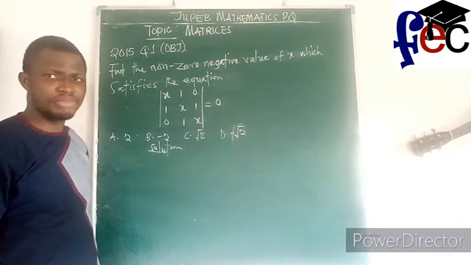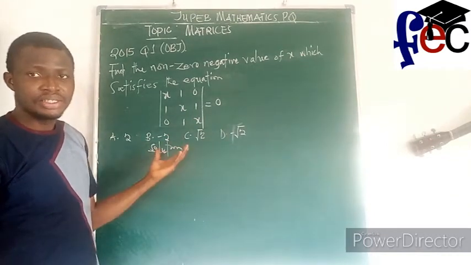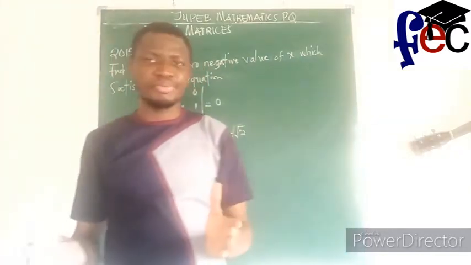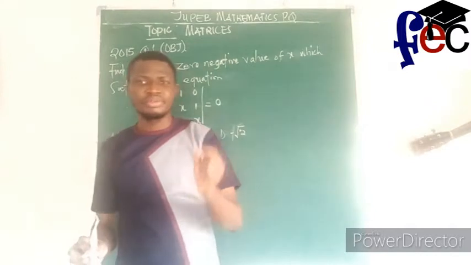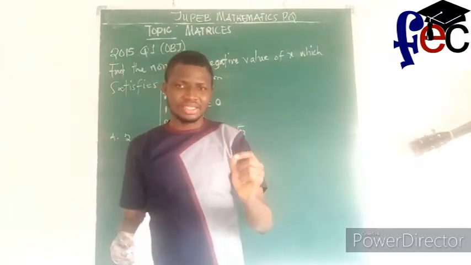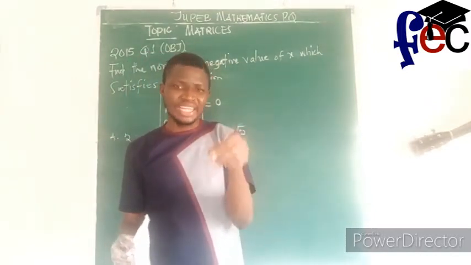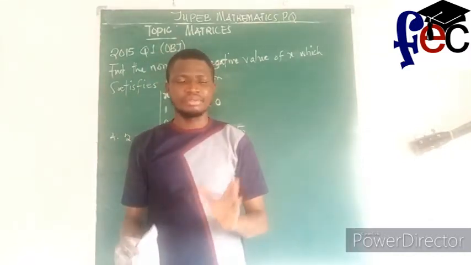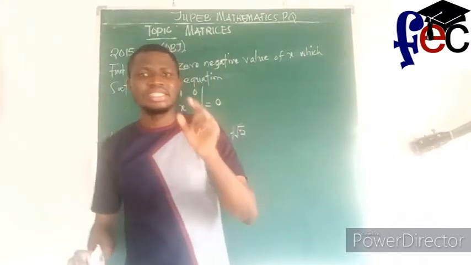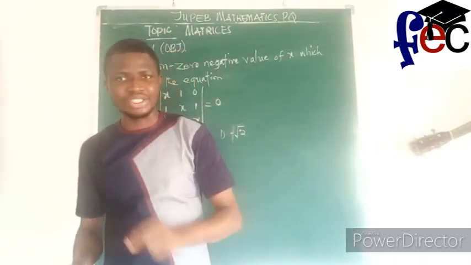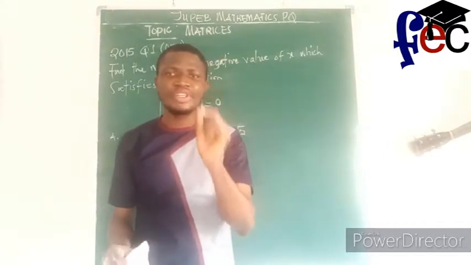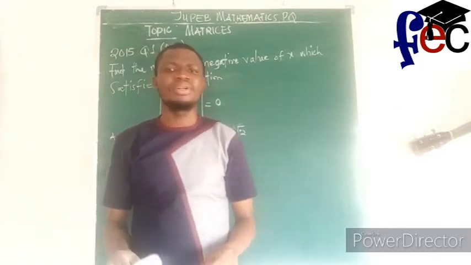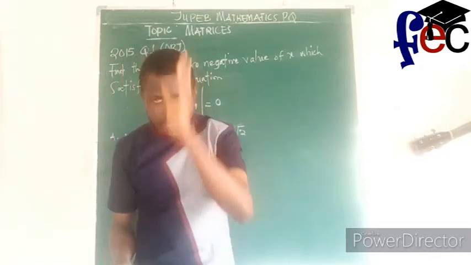How do you get the determinant of this 3 by 3 matrix? The determinant of a square matrix is the sum of the products of each element and their corresponding cofactor along any row or any column.